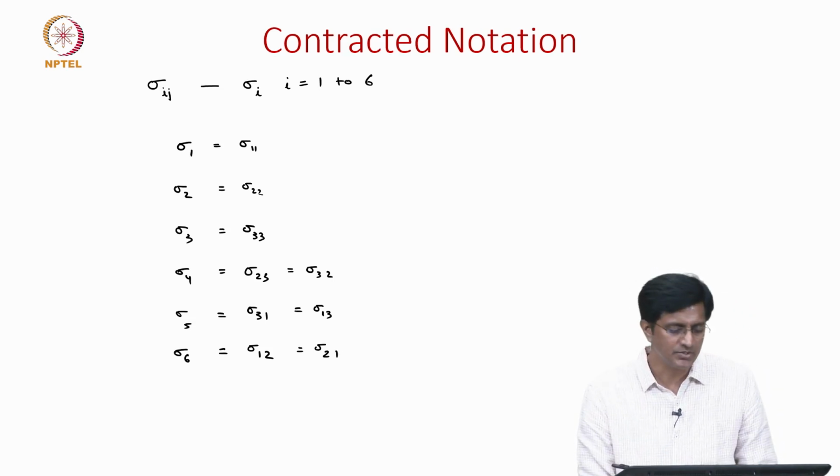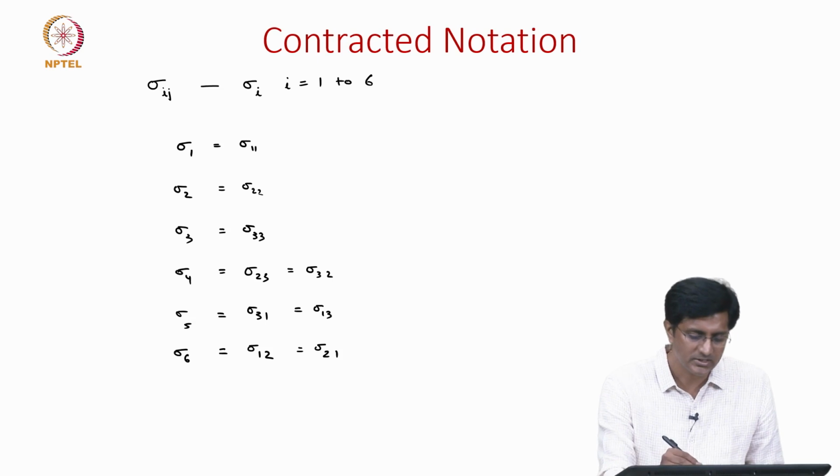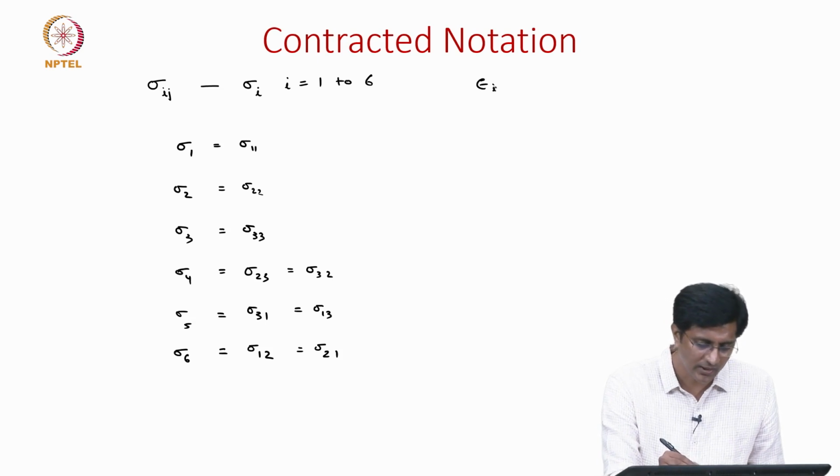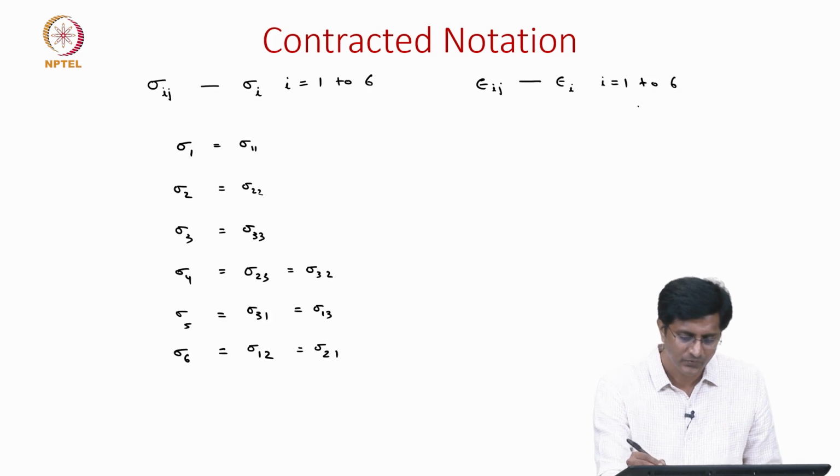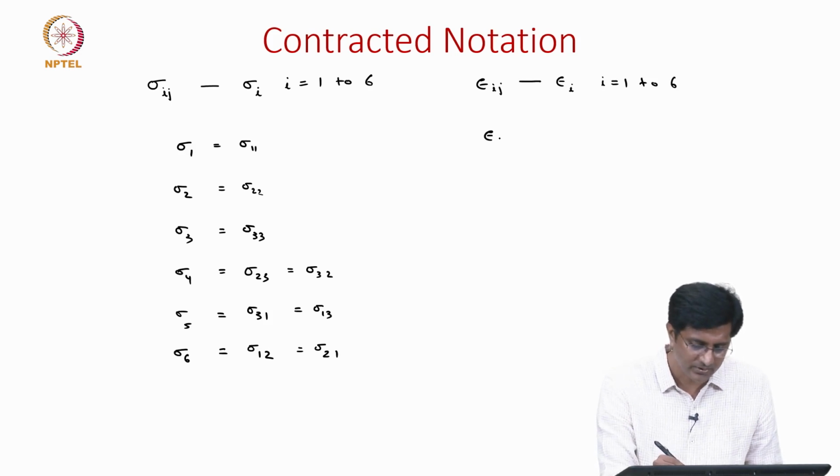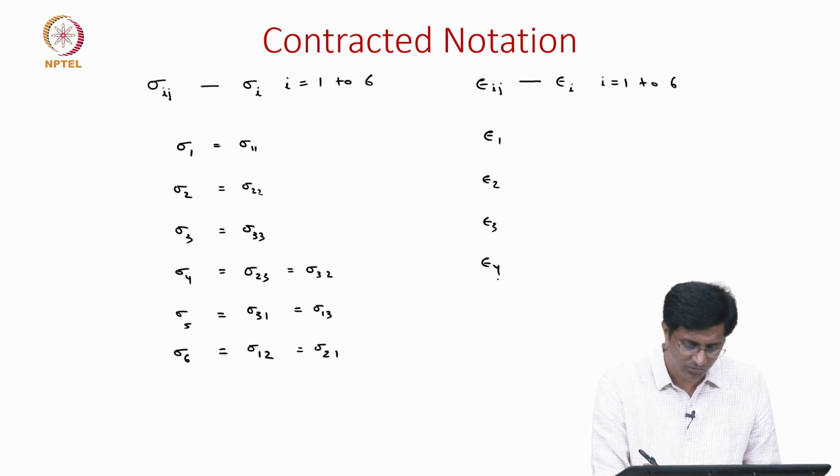Similar to stresses, we can do the same for the strains as well. Instead of epsilon ij, I can replace it with a single subscript epsilon I, where again I goes from 1 to 6. So we have these 6 components: epsilon 1, epsilon 2, epsilon 3, 4, 5 and 6.